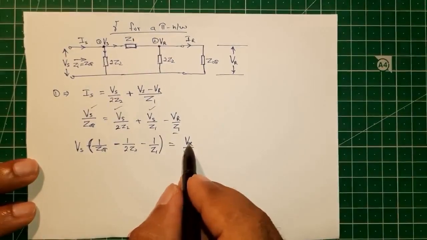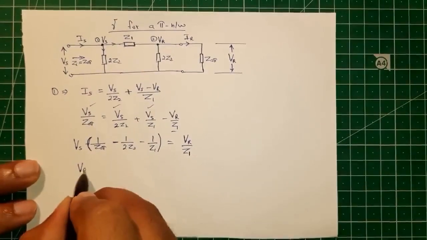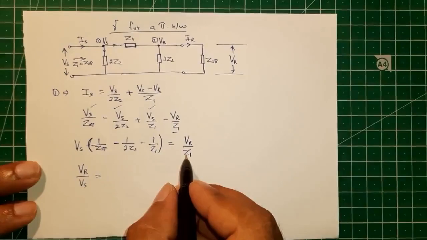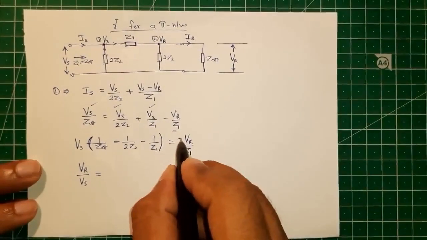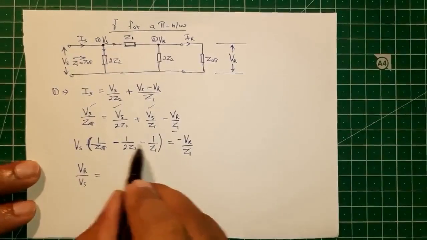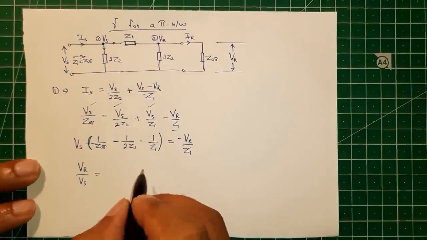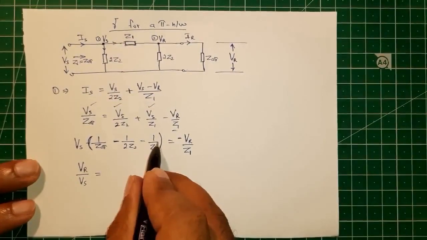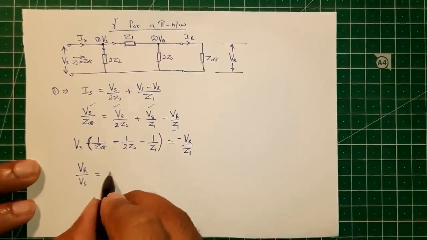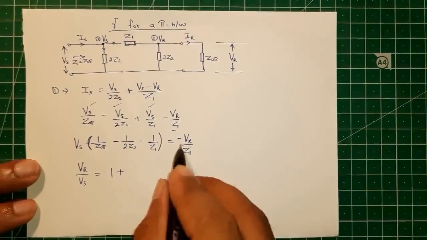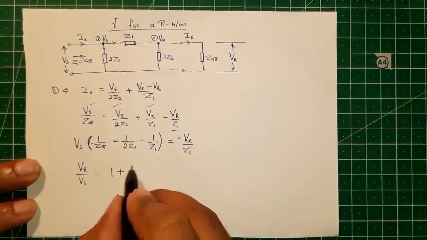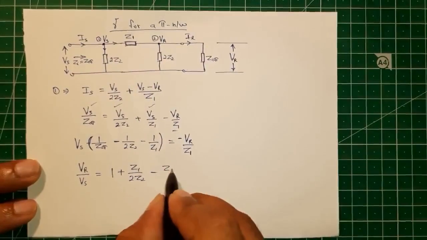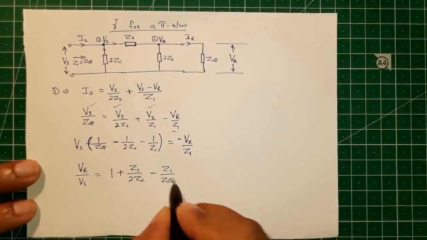So we have the ratio Vr by Vs is equal to, here one minus sign is also there. So we'll absorb this minus sign within this equation. So this is Z1 divided by this is Z1. So that will be 1 plus, minus will be absorbed here, Z1 by 2Z2 minus Z1 by Z0 pi.